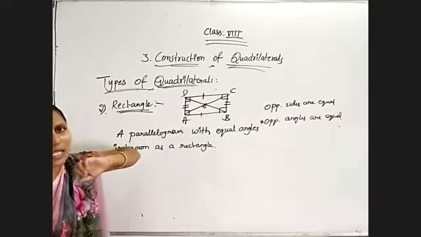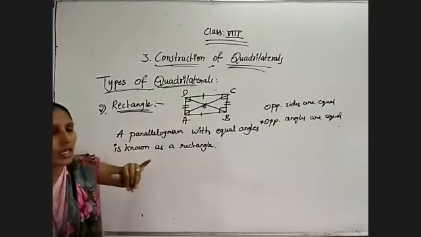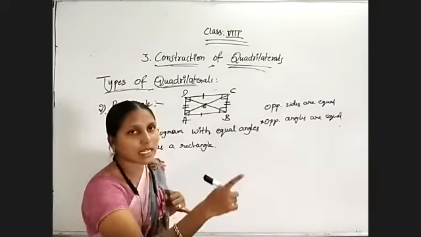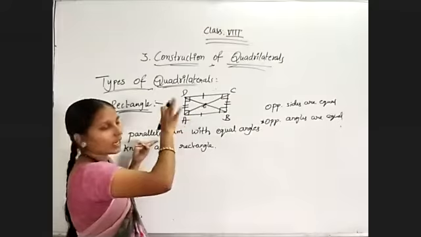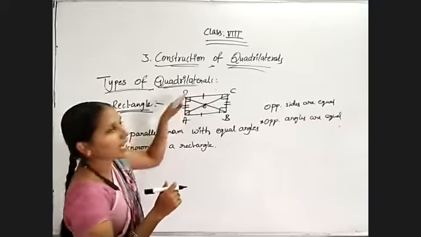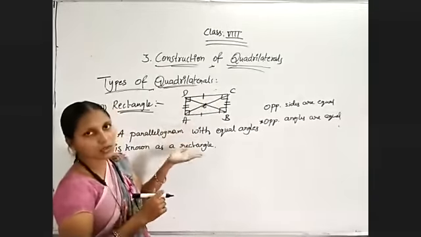What are the properties of a parallelogram? Observe. First condition, for a parallelogram, opposite sides are equal and parallel. So here also for a rectangle, opposite sides are equal and parallel. Second condition, opposite angles are equal. Here every angle is equal, so opposite angles are also equal.